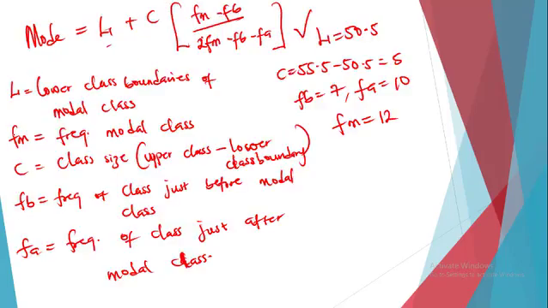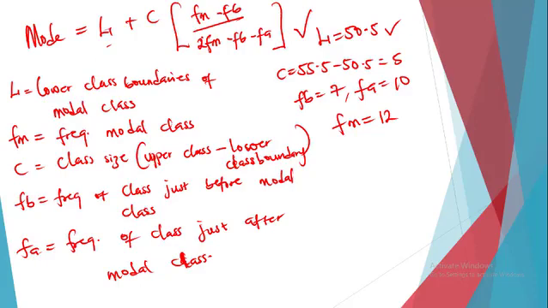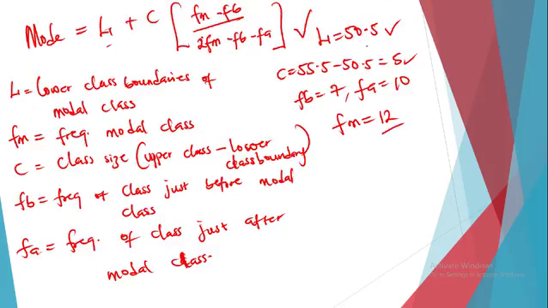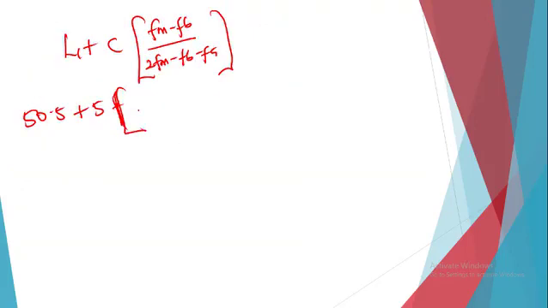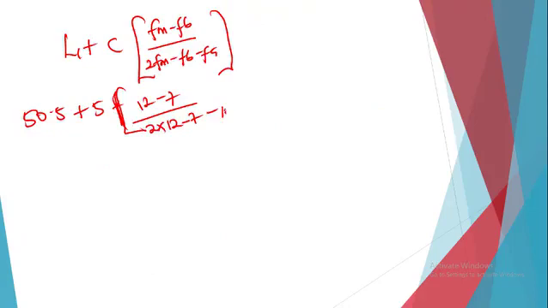Okay, so our L1 from this is 50.5. We have 50.5 plus C, and our C is 5. Open a bracket. Our FM is 12, and our FB is 7. So we have 12 minus 7 all over 2 times 12 minus 7, which is our FB, minus FA. Our FA is 10, minus 10.